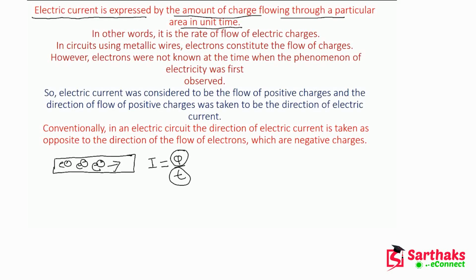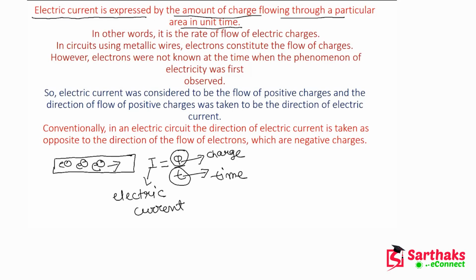So now you might be confused, sir, what is the meaning of this I? What is this Q and what is this T? Although we will understand this later, here I'm telling you, you just need to remember that this is electric current, this is charge and this is time.